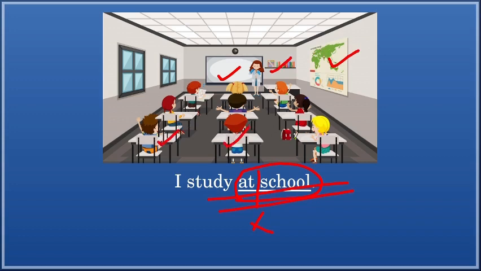These are chairs and desks, or chairs and tables. These are not benches. And what else? You can see many children and one teacher. You can also say the classroom has two windows.